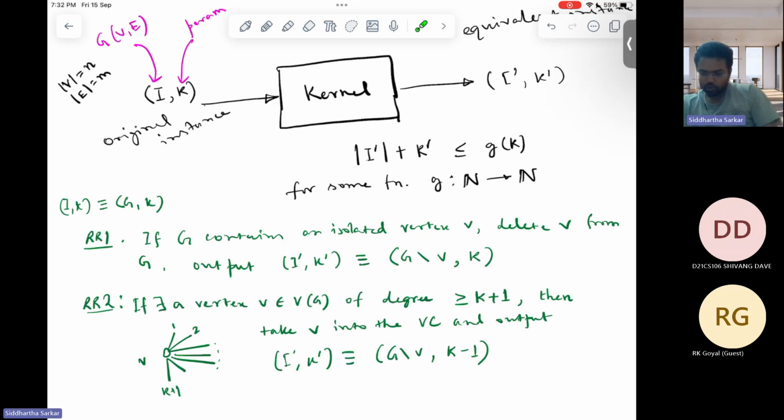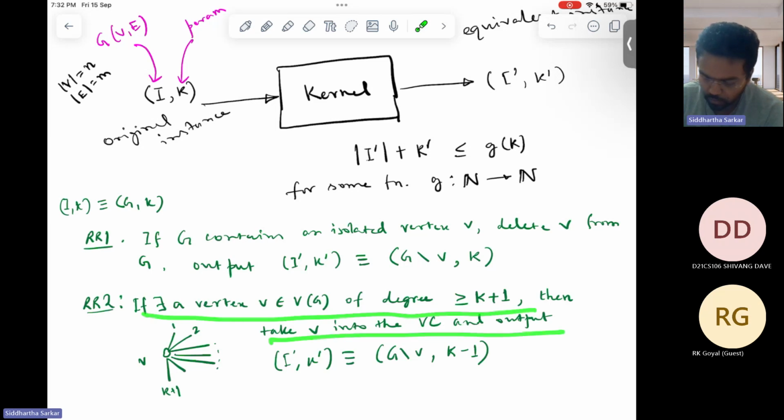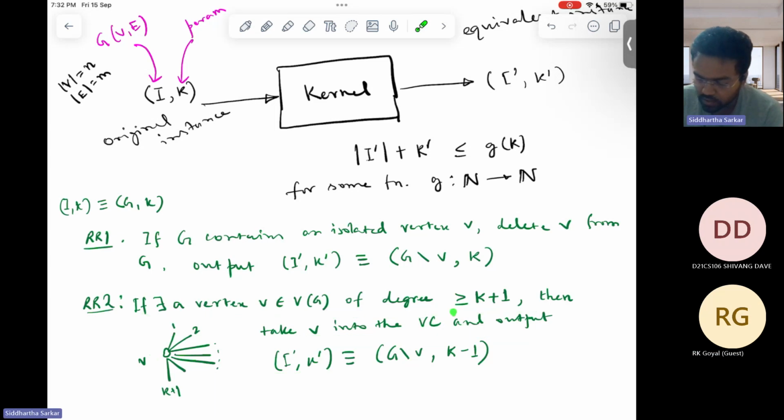And I am formulating a rule that you reduce this graph into a smaller graph. If you come across a vertex whose degree is large enough, greater than k plus 1 or so, then you are going to take that vertex into your vertex cover.